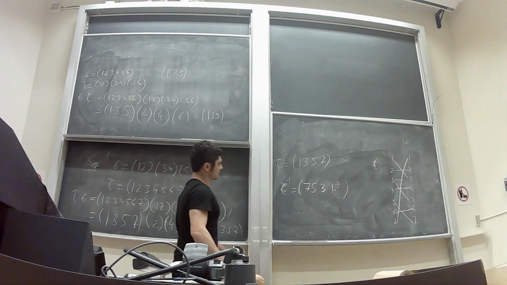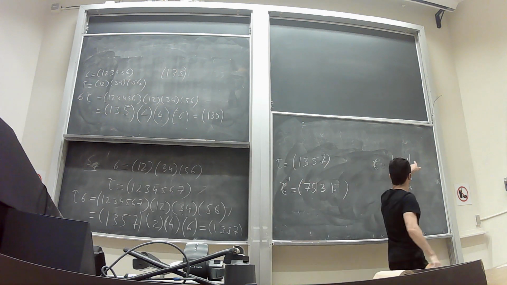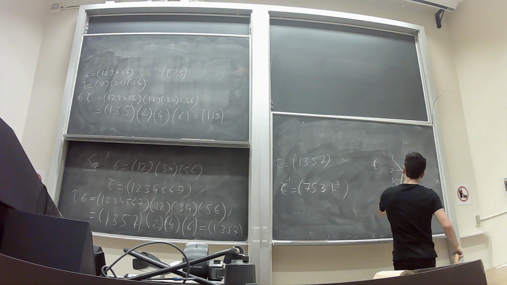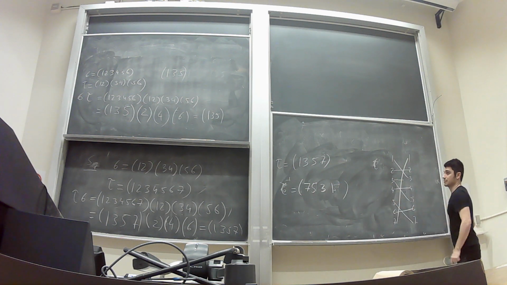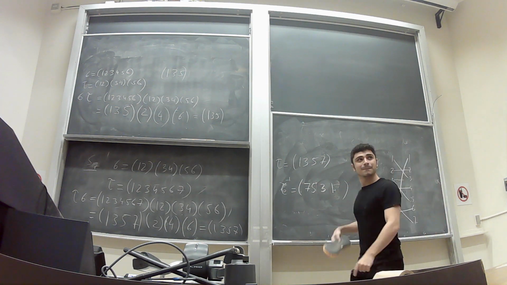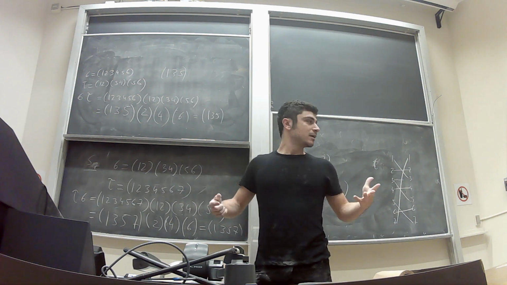Under the inverse, tau inverse. What is tau inverse of 1? Tau inverse of 1 is 7. What is tau inverse of 3? It's 1. Okay. You see that? It's much easier.